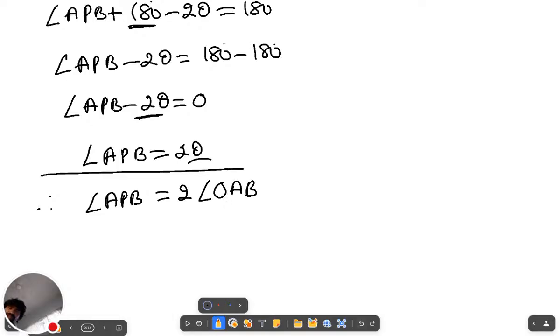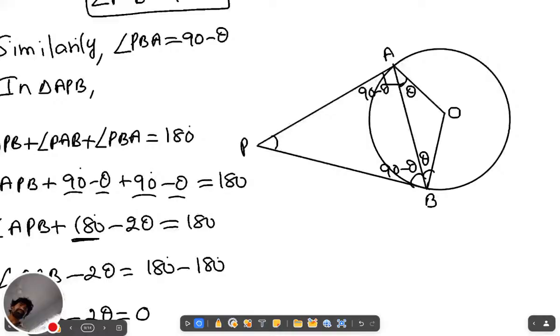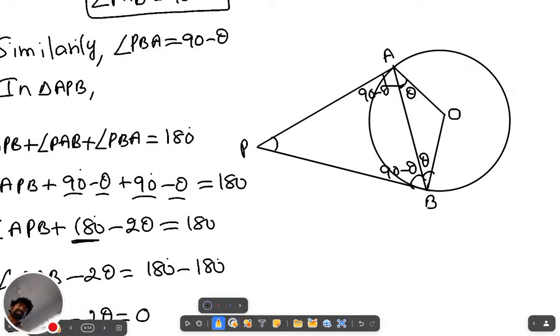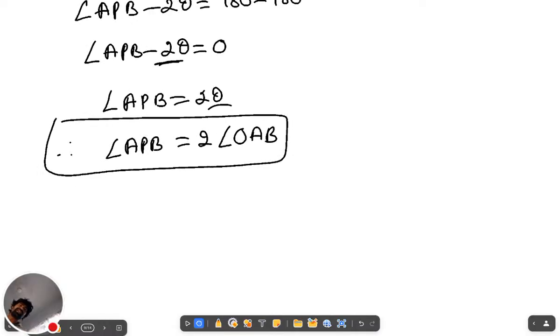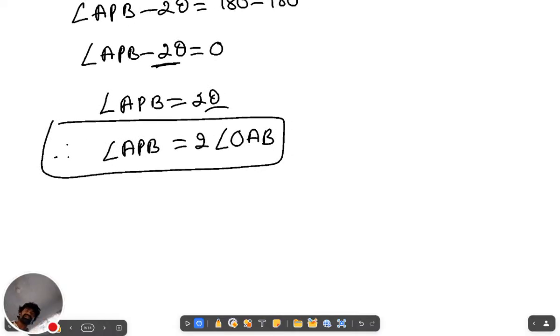So this is what we needed to prove and we got it. Theta is the angle at A, right? So theta is nothing but angle OAB. So that is how we proved that angle APB, the angle between the tangents, is double the angle between the radius and chord. Hence proved.